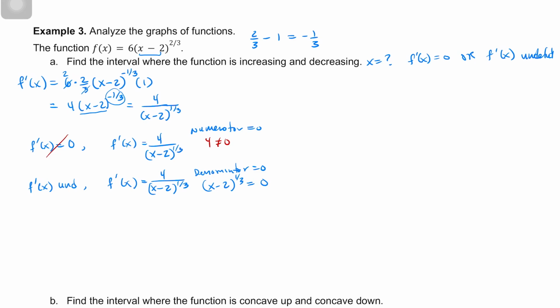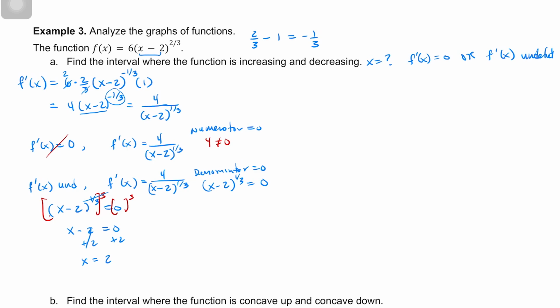We can argue that this is going to be 0 whenever the inside is 0, or you can just raise both sides to the power of 3 to undo the power of 1/3. So x minus 2 equals 0 to the third power, which is 0, and these cancel each other out. So now we can proceed by finding x equals 2.